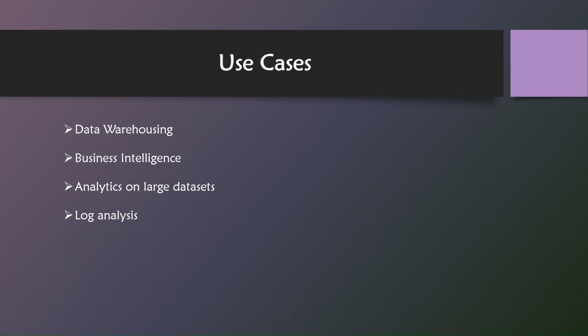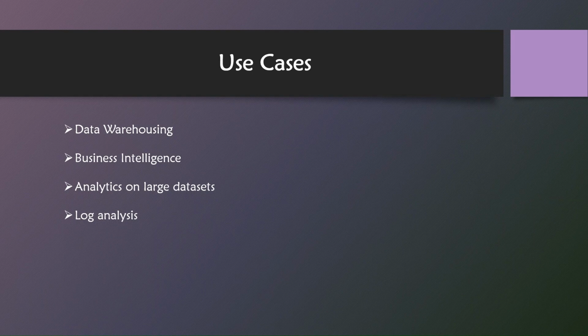So the next use case we have is log analysis. Redshift is also commonly used for analyzing logs from various sources such as web servers, applications, or cloud infrastructure. By ingesting log data into Redshift, organizations can run complex queries to monitor system performance, troubleshoot issues, track user behaviors, and improve security by identifying patterns or anomalies.